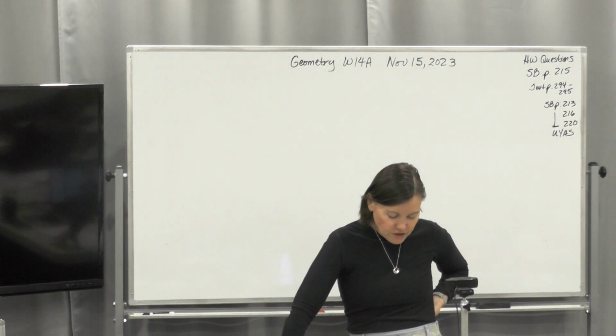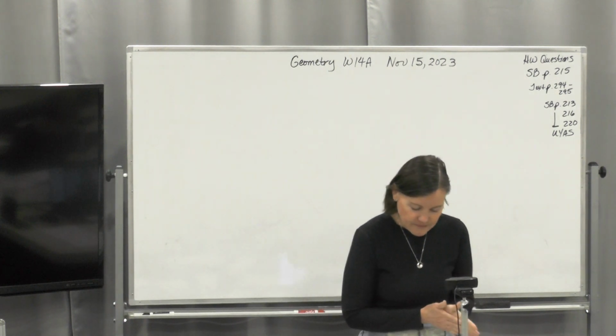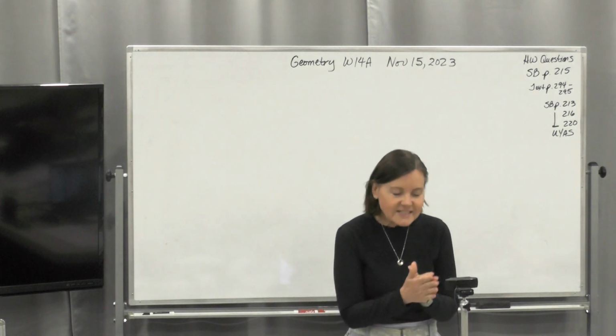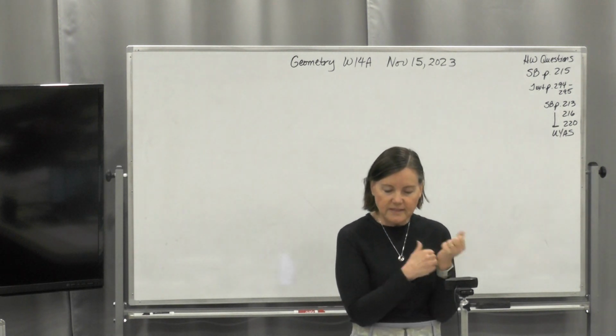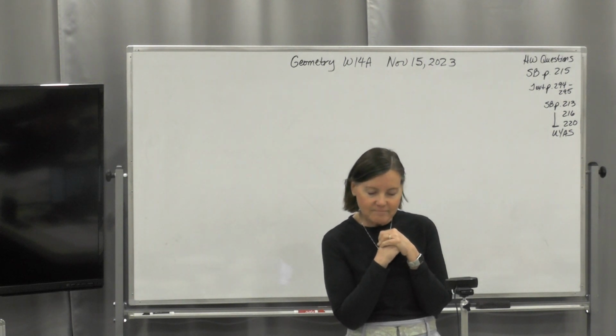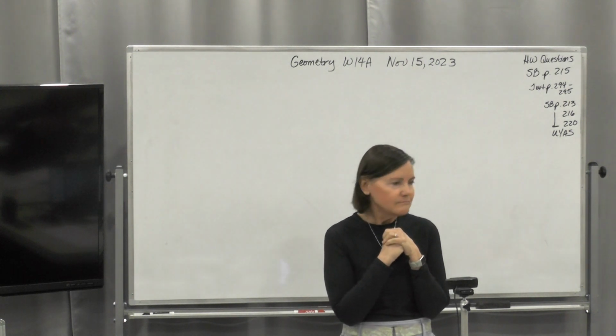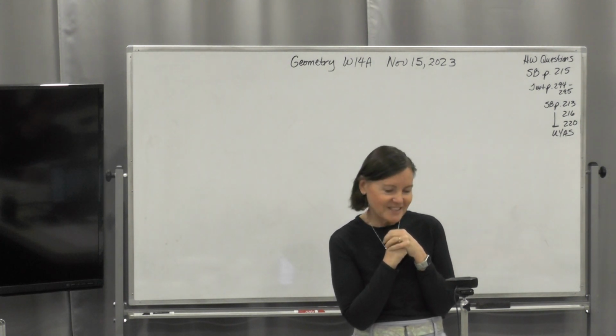I have a question for you. How can we find what did one triangle was 21 and the other one was 24? What's the difference? The difference is 3. And what makes the difference?